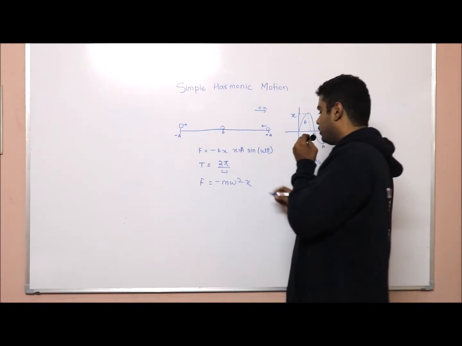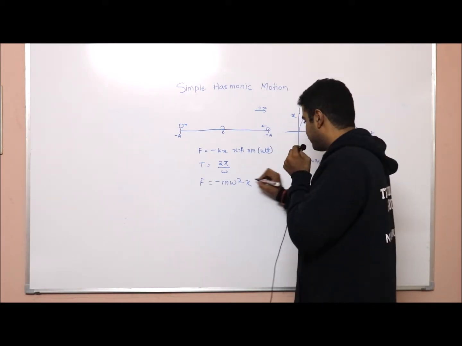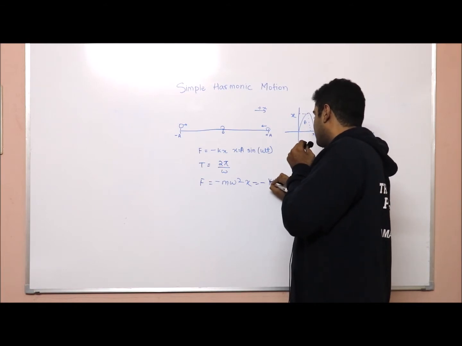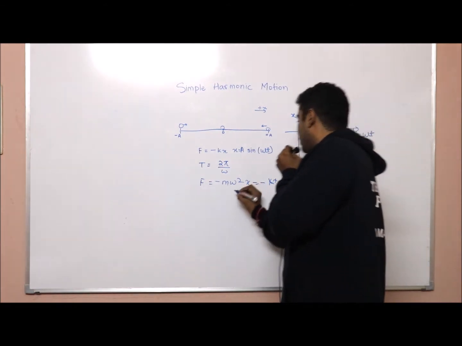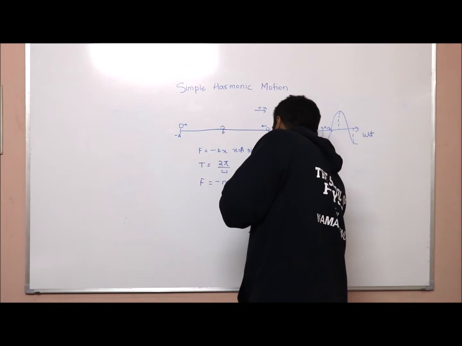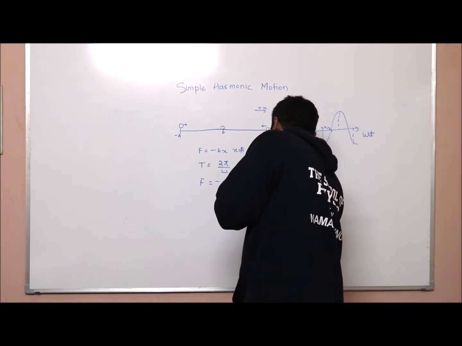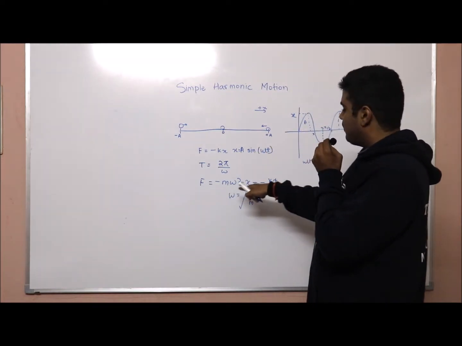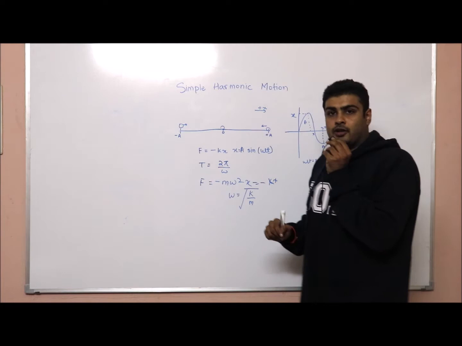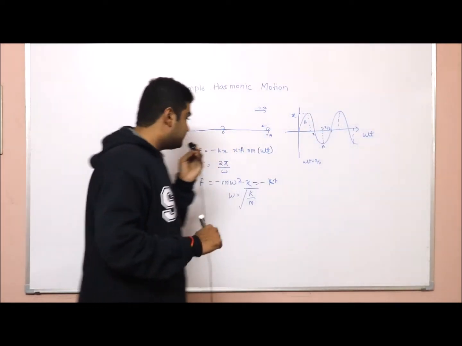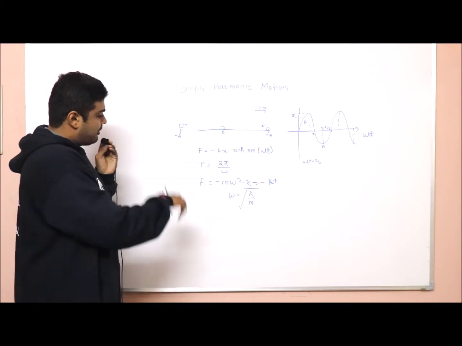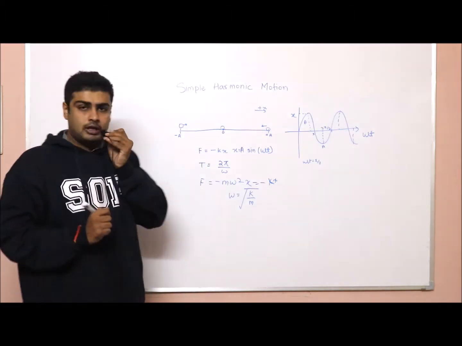So F is equal to minus m omega square x, which is the same as minus kx. The x cancels, m comes down, omega square is equal to k by m, so omega is equal to under root k by m. So T is equal to 2 pi by omega, where omega is under root k by m.